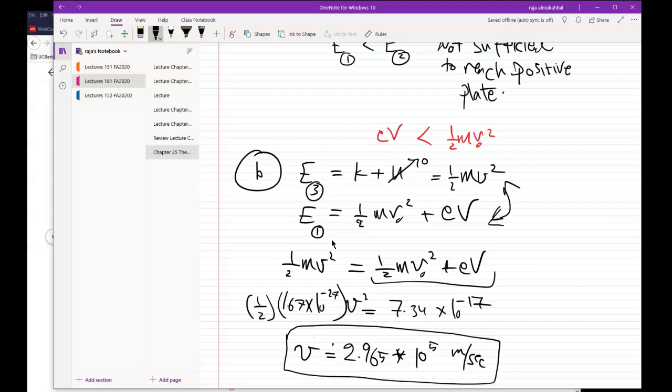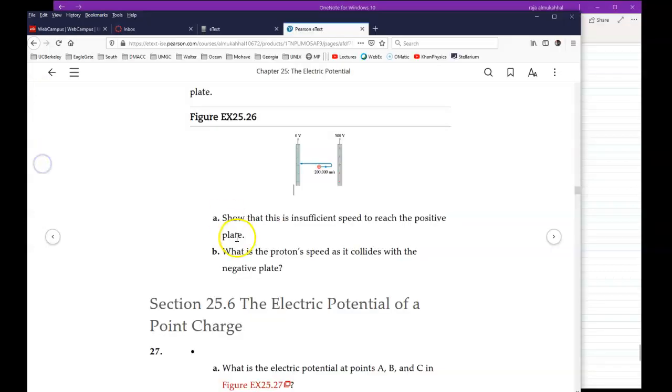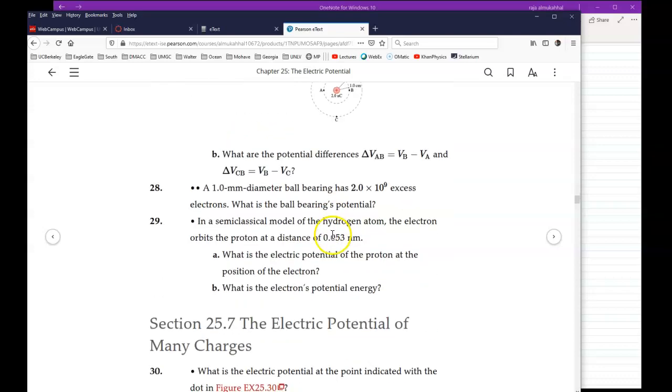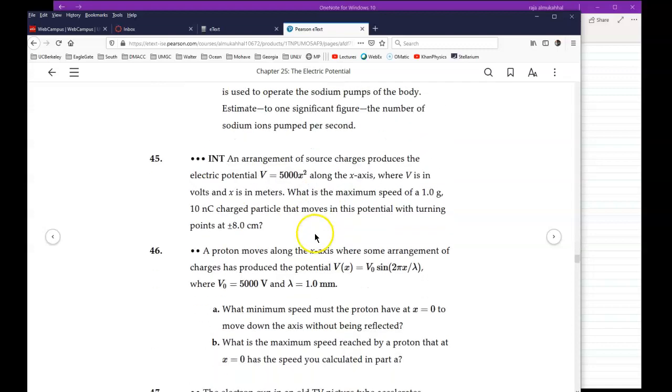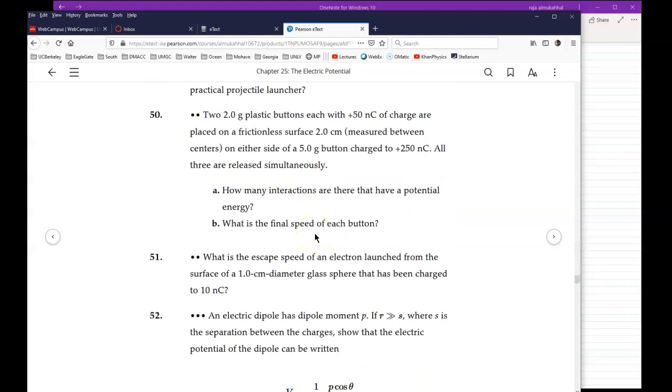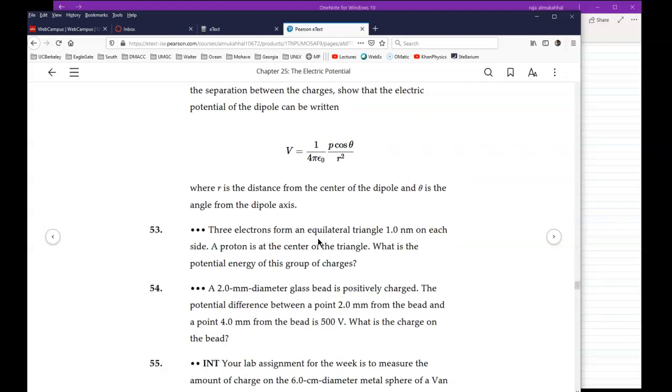One more. If you go back to the problems, for those of you who want to work a little bit more, because my background is in nuclear and particle physics, I like those kinds of problems and I enjoy solving them.